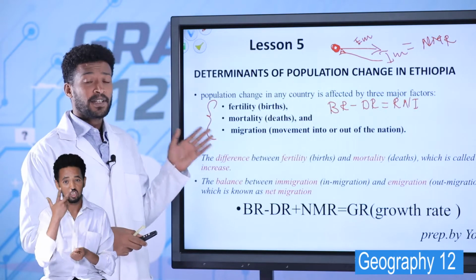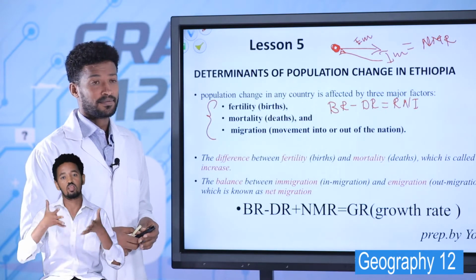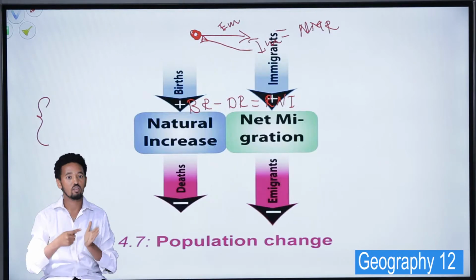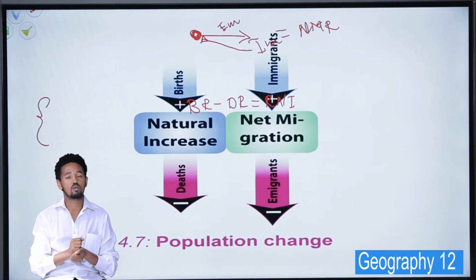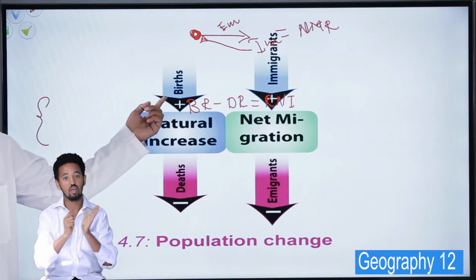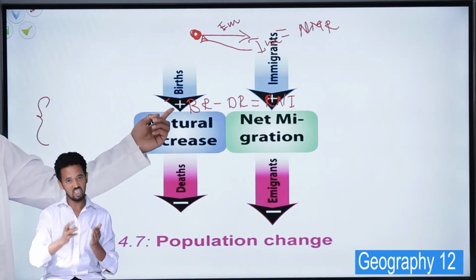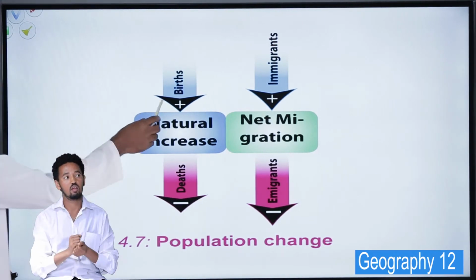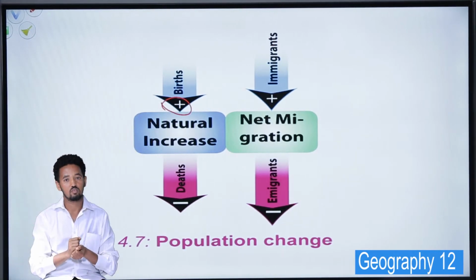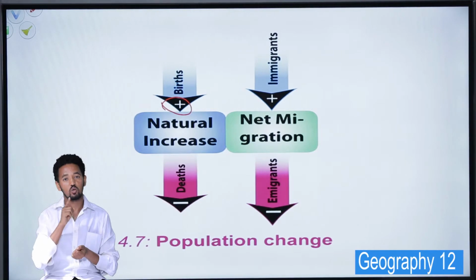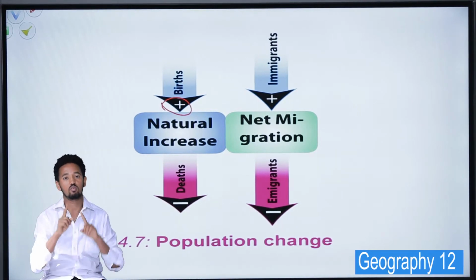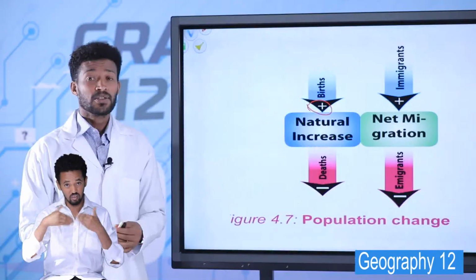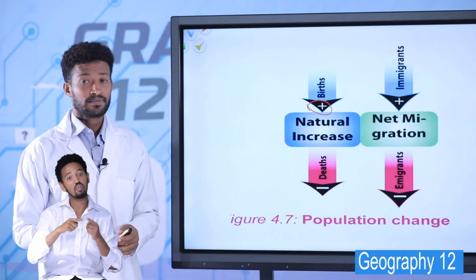The three of them have different signs. For example, birth rate has a positive sign. As you see from this one, births play a role on the positive side because they cause the population to increase.